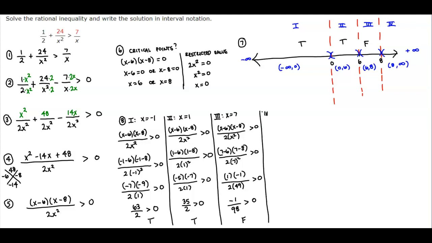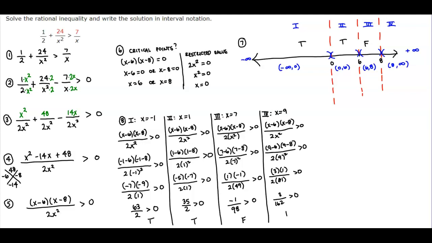And then let's check region number 4. Let's pick x equals 9. We have 9 minus 6 times 9 minus 8 over 2 times 9 squared. We have 3 times 1 over 2 times 81, and that gives us 3 over 162.